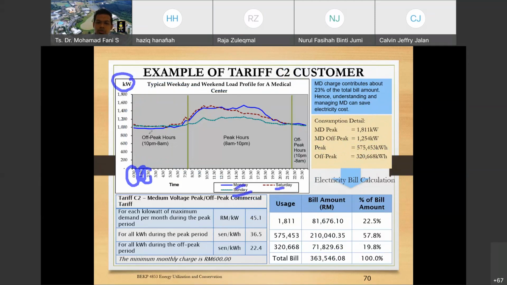So you have the idea of the standard working weekdays and weekend, Saturday and Sunday, and also Monday. This is the pattern of electricity for 24 hours for a medical center.